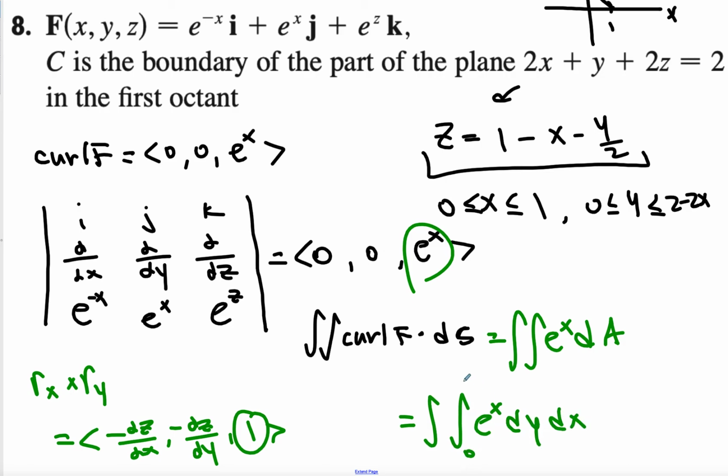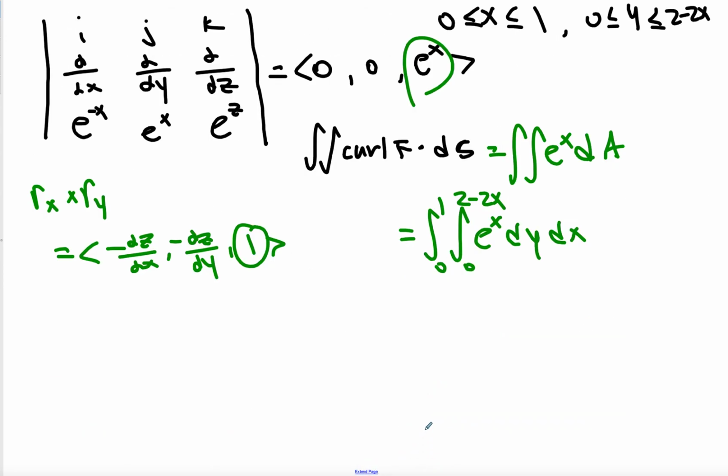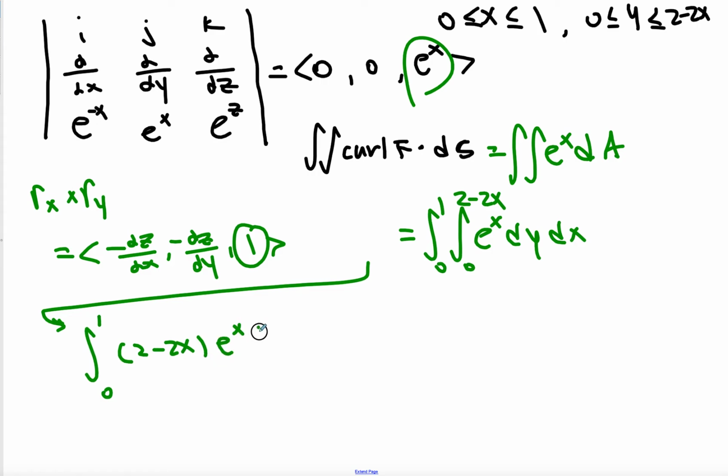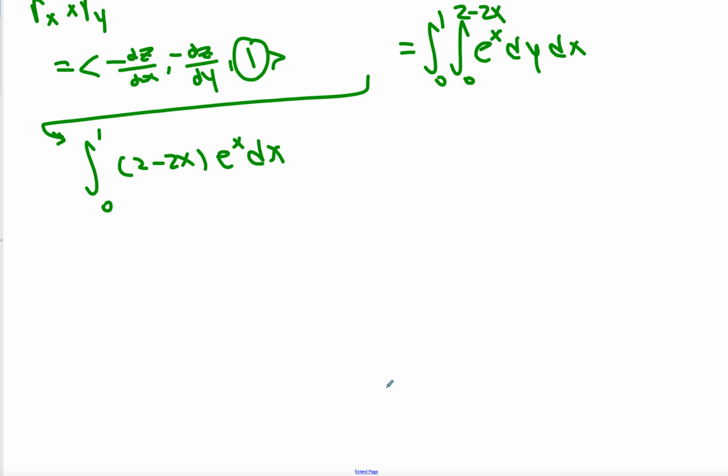Y goes from 0 to 2 minus 2x. X goes from 0 to 1. Now, I'm going to continue over here. Since I don't have anything here, this is the same thing as the integral from 0 to 1 of 2 minus 2x times e to the x dx. Of course, in this case, what we have to do is integrate by parts.